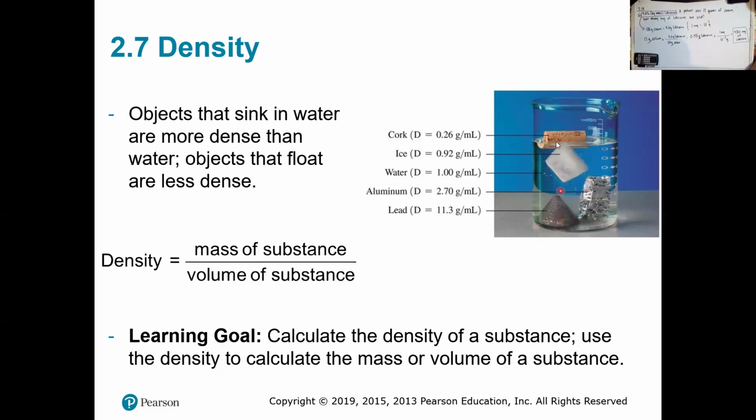So things that are floating are less dense than liquid water. Like the cork is less dense. The ice cube is less dense because solid water is less dense than liquid water. But things like aluminum and lead are more dense, so they're going to sink to the bottom. The lead is the most dense out of all of these things.